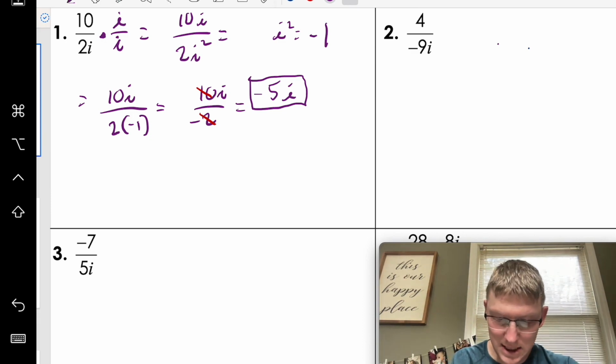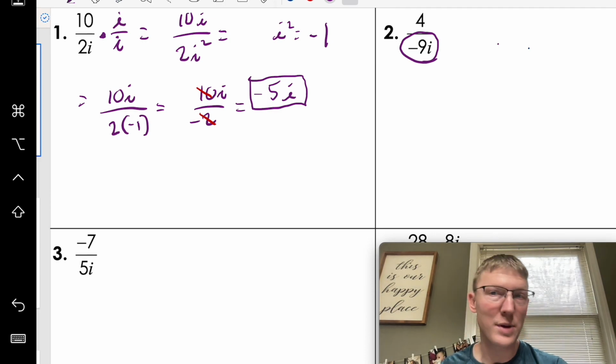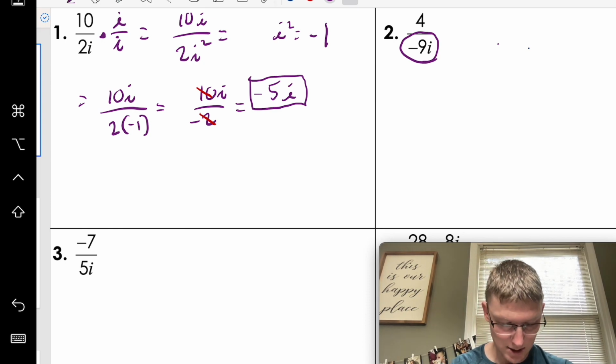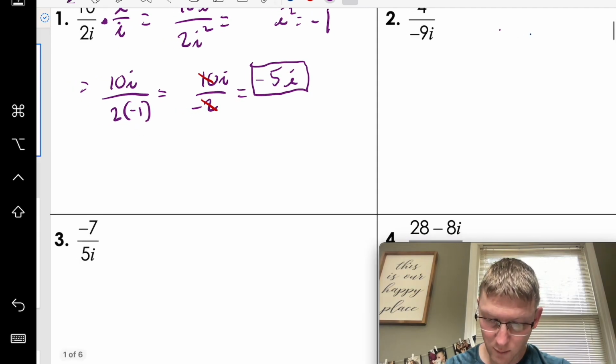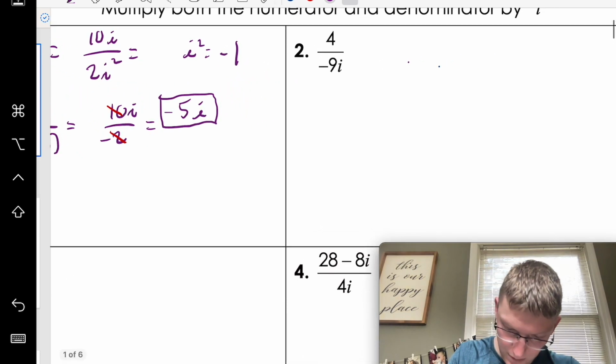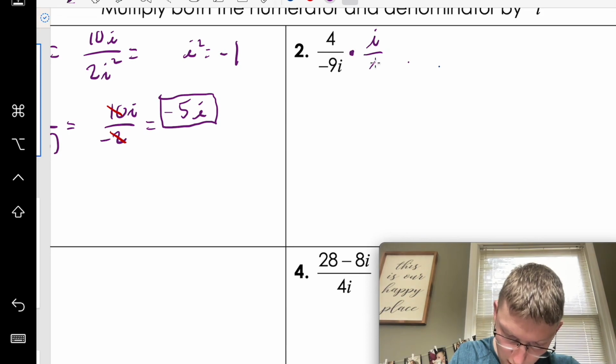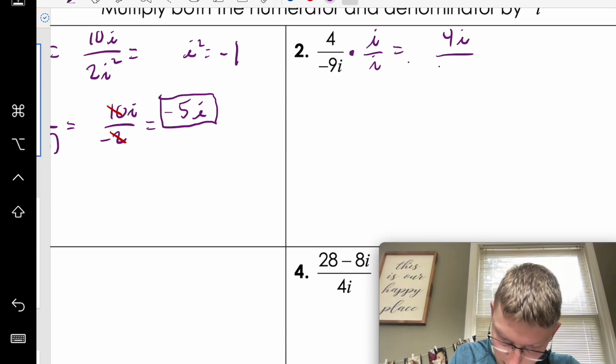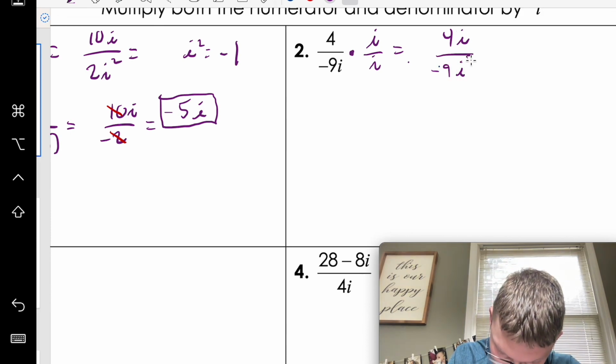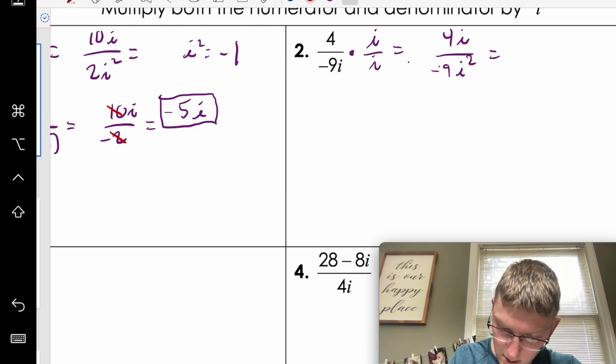So anytime you see a denominator that just has an i and nothing else, no plus or minus another term, you're just going to multiply by i over i, and that's going to make that bottom i cancel out, and you're good to go. So if we were to do number 2, we're going to multiply i over i, multiply across the top, we have 4i, multiply across the bottom, we have -9i squared, which sometimes I like to just take a different color and cross that out and change my sign.